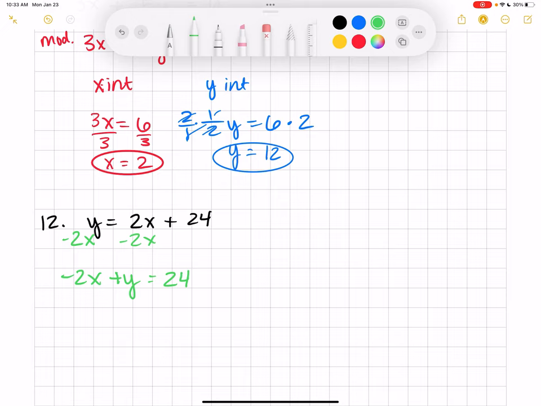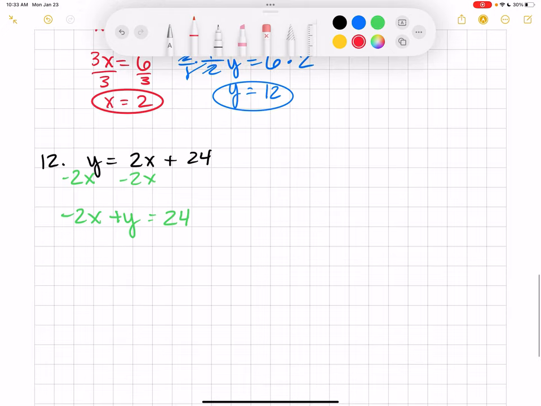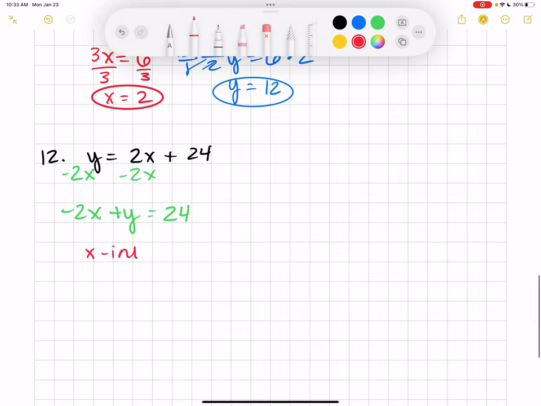Now I can set it up and find my x and y intercepts. So x-intercept would be what? Negative 2x equals 24. Then divide both sides by negative 2. So x is equal to 24 divided by negative 2, which is negative 12.